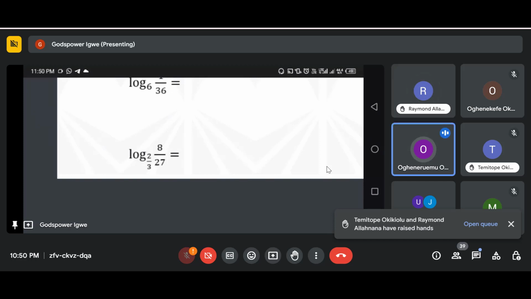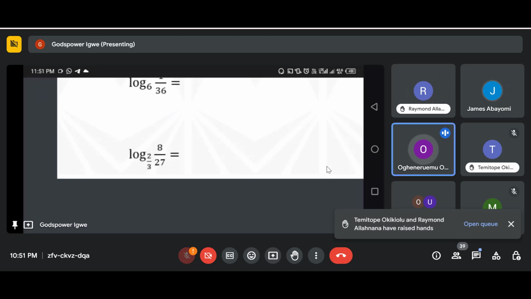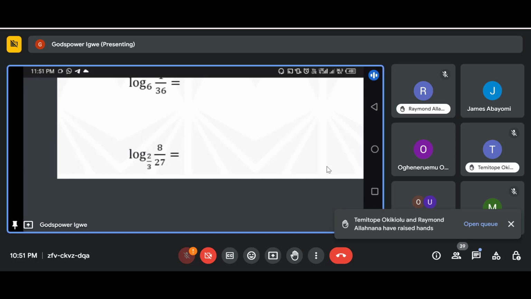So the exponent is 3, which is the same for both, so we just collect it. Then we have 2/3 raised to power 3. So the answer is 3.